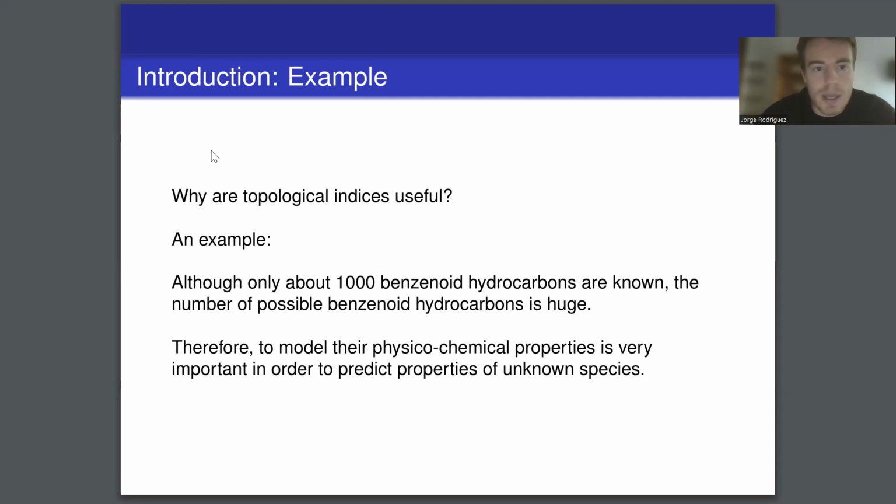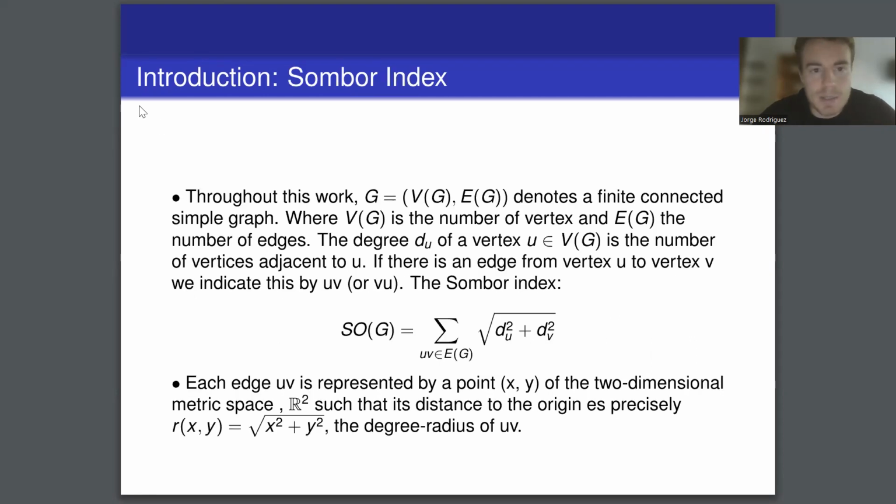Okay. With this said, let me introduce the Sombor index and some notation. Throughout this work, G is going to denote a simple connected finite graph. This is a graph where the number of vertices is finite and it's connected, meaning that there is no vertex that is disconnected from the rest, so all the vertices are connected to other vertices through at least one edge.